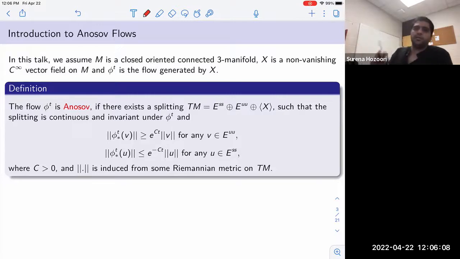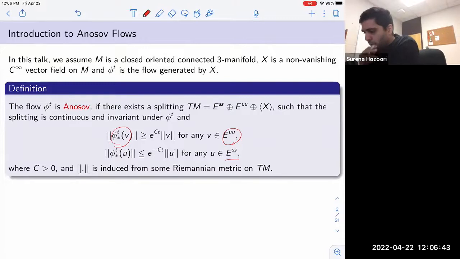If you take a vector in E^u and look at the action of the flow on that vector, you will see that its length increases exponentially. Similarly, if you take a vector in E^s, its length decreases exponentially. Here, C is a constant, and I'm using a norm induced from some Riemannian metric.